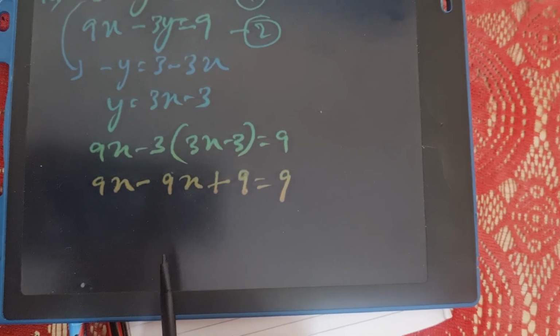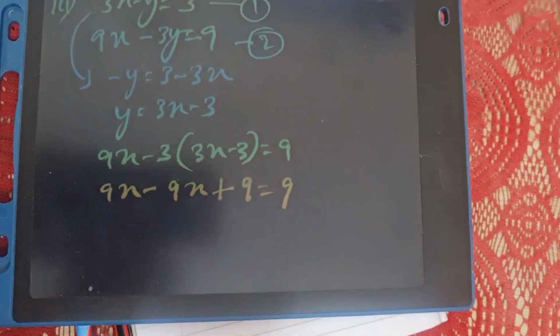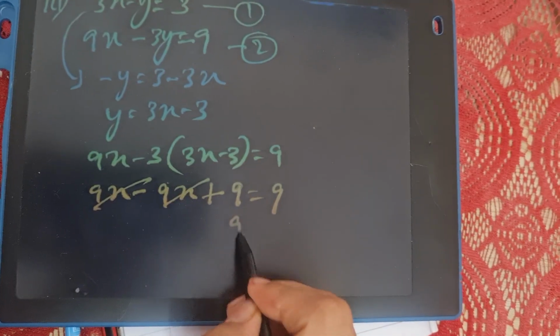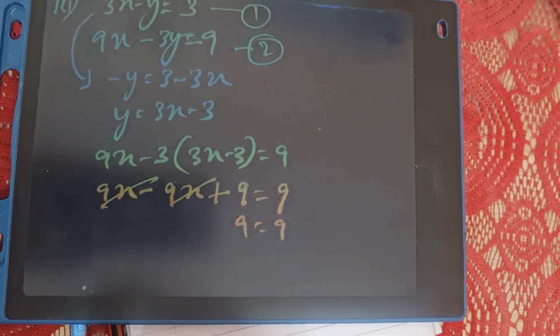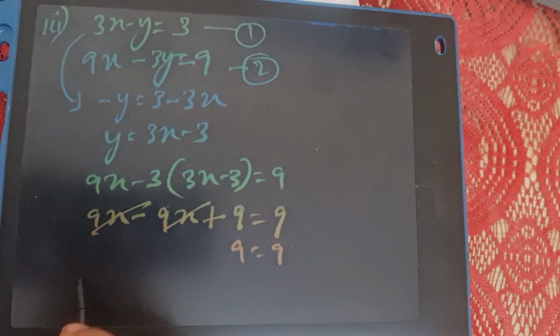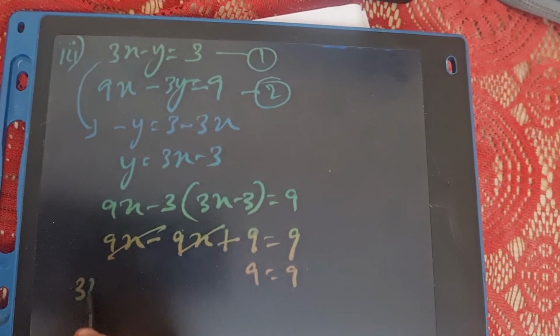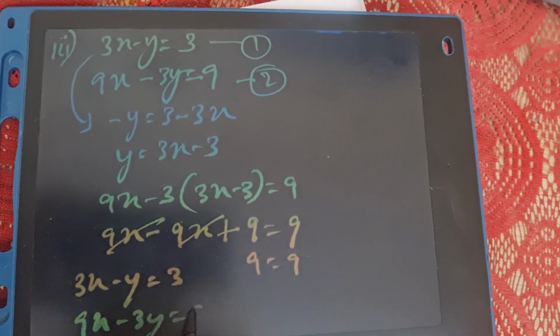So here we will not get the value. 9 is equal to 9. So it is true for all the values of x and y. Hence we can see from equations 1 and 2 that 3x minus y is equal to 3 and 9x minus 3y is equal to 9.